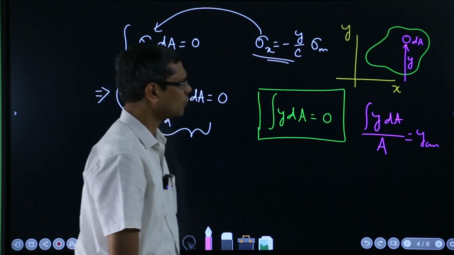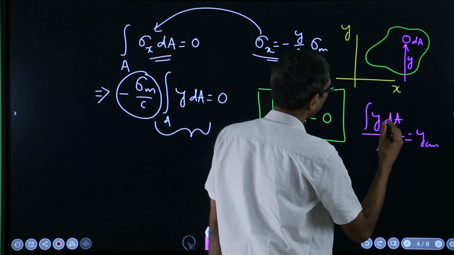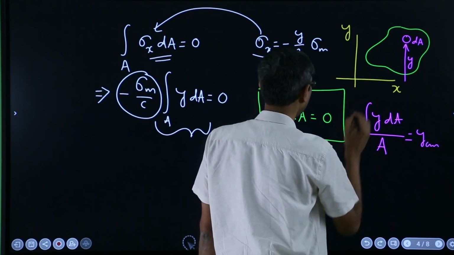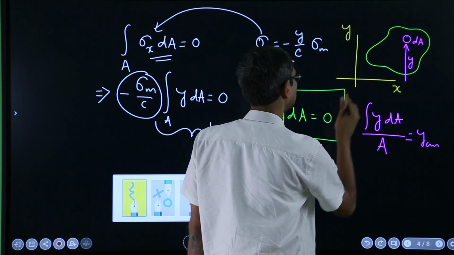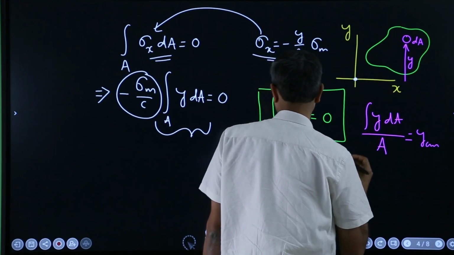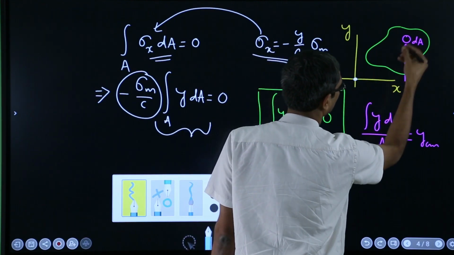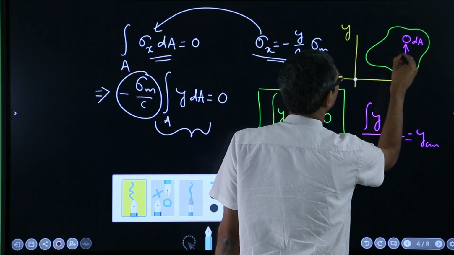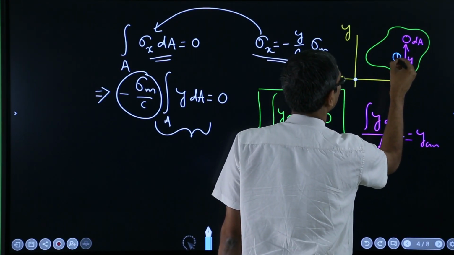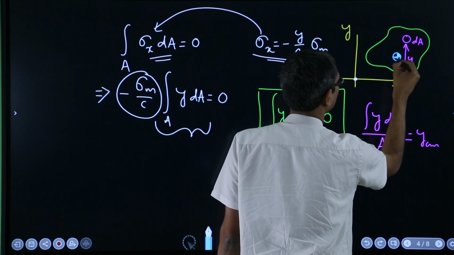But then what happens if by chance or by some intuition I had chosen the origin of my coordinate to be at the center of mass. For example, suppose after this calculation the center of mass comes out to be this point. Suppose this is the center of mass.